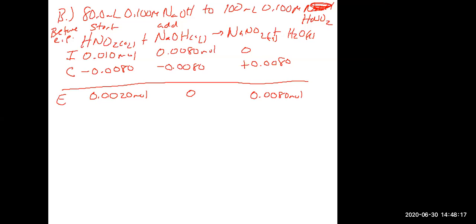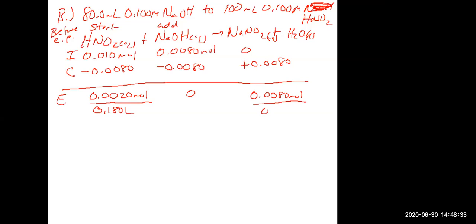At this point, we can convert back to molarity. Total volume is, we started with 100 milliliters in the beaker. We added 80 milliliters, so that's 180 milliliters, which means we should divide each of these by 0.18 liters.